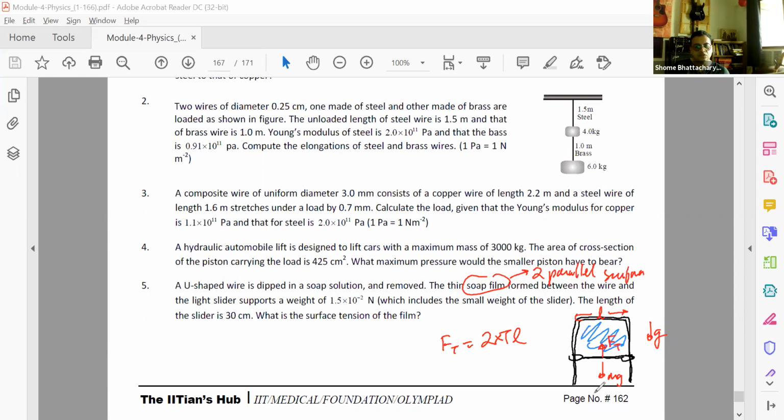So on this support, that's it. This Ft has to balance mg. So 2 times the surface tension, which you have to calculate, into 30 centimeters. This force in newtons has to be equal to 1.5 into 10 raised to minus 2. So from this you should be able to get it.